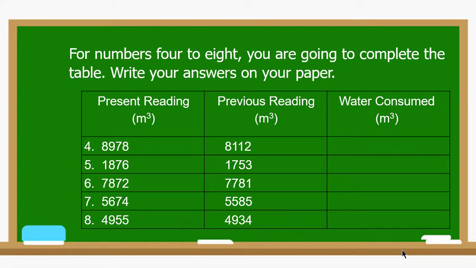Previous reading is 7,781 cubic meters. Number 7. Present reading 5,674 cubic meters. Previous reading 5,585 cubic meters.